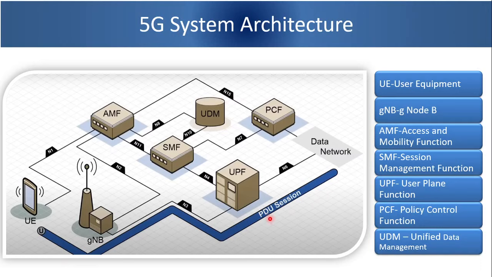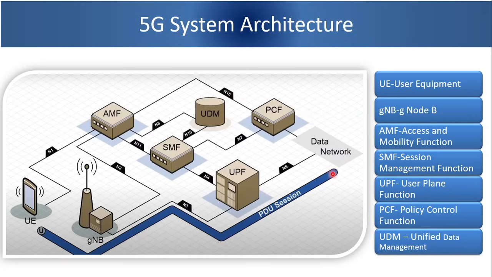So the protocol data unit session is nothing but a series of connections from the user equipment to gNodeB to UPF and then to the data network. This series of connections is called the PDU session, and all the data traffic flows through this, and all the other elements actually help or facilitate this PDU session to be established and to be maintained even when the UE is moving from one gNodeB area to another gNodeB area. And then finally we have the data network.